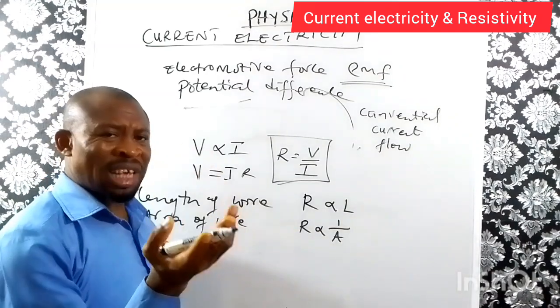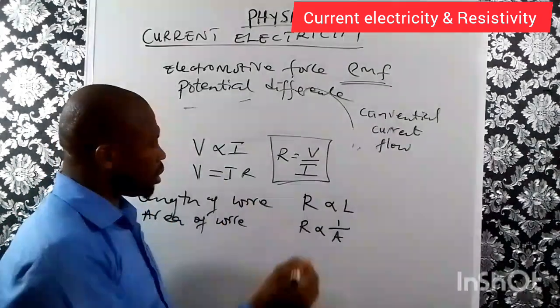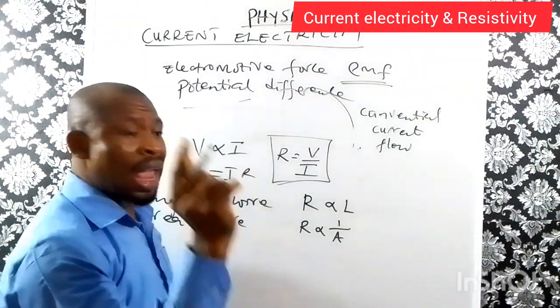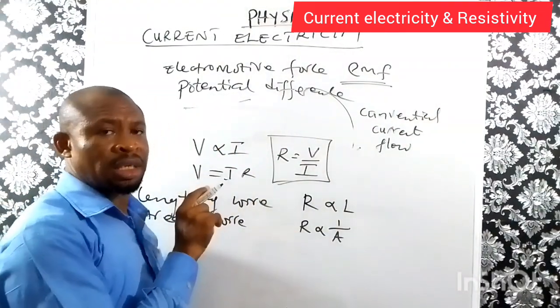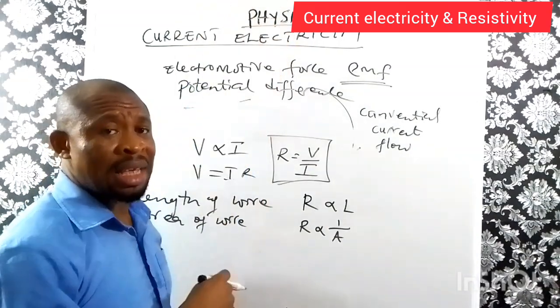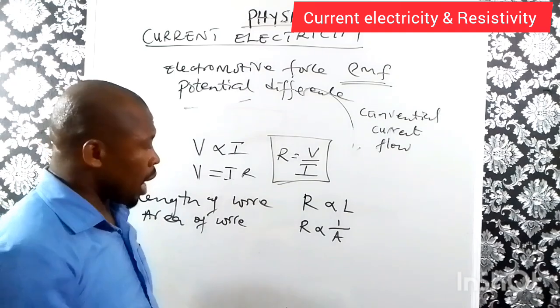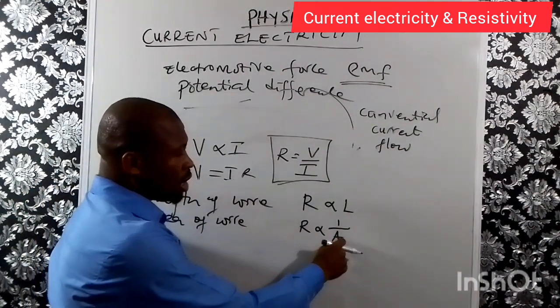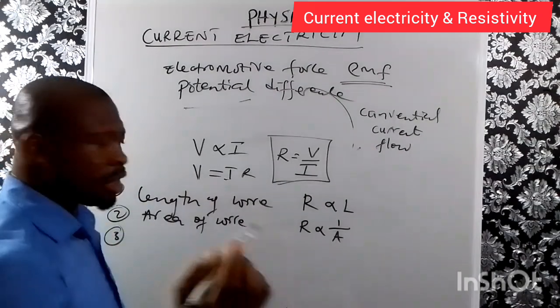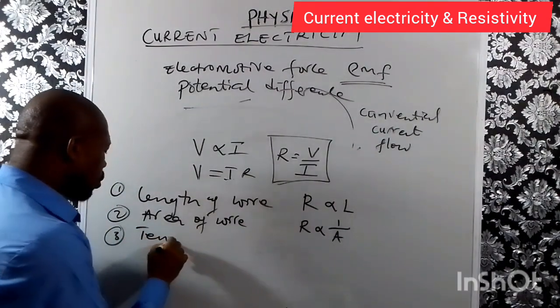Of course, we know what inverse proportionality means. It means that the thicker the wire, the lesser the resistance, while the thinner the wire, the higher the resistance. Okay, we have said these two. Now, the third one, of course, we have mentioned it, is the temperature.